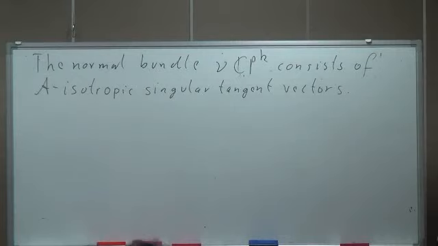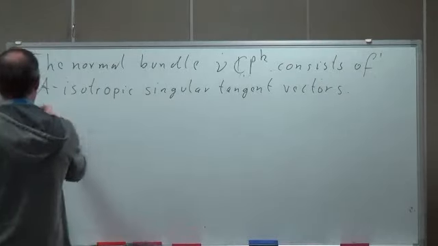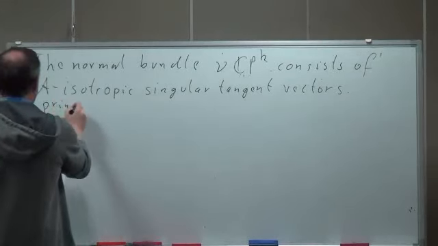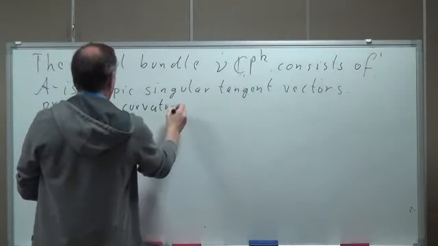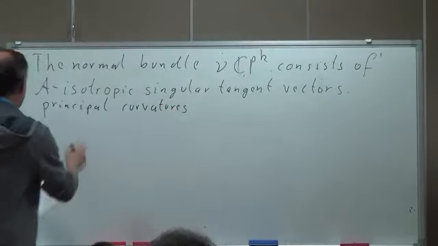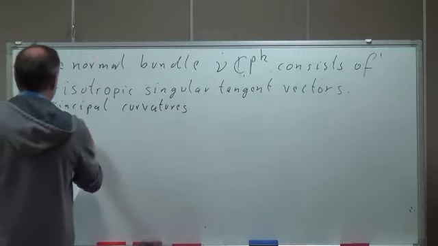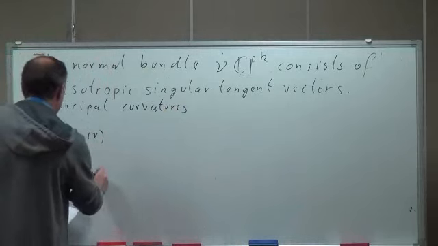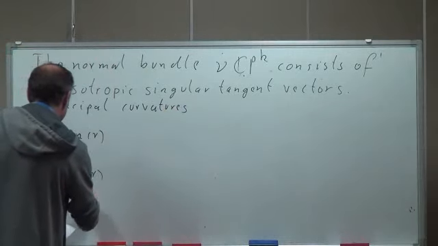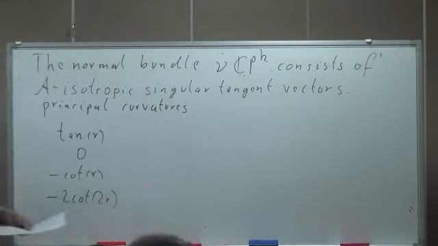And then one can work out the principal curvatures, and there are four of them: tan r, 0, minus cot r, minus 2 cot 2r.